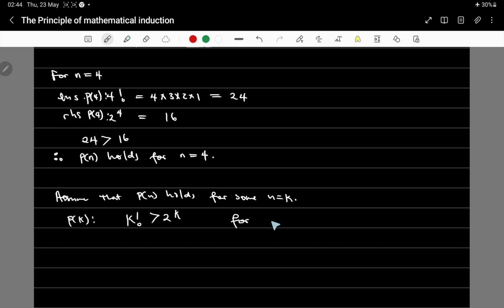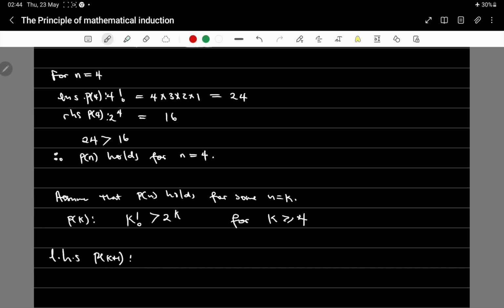for k greater than or equal to 4. This is just the inductive hypothesis. Then the next stage, we are going to consider the left hand side of P k plus 1.